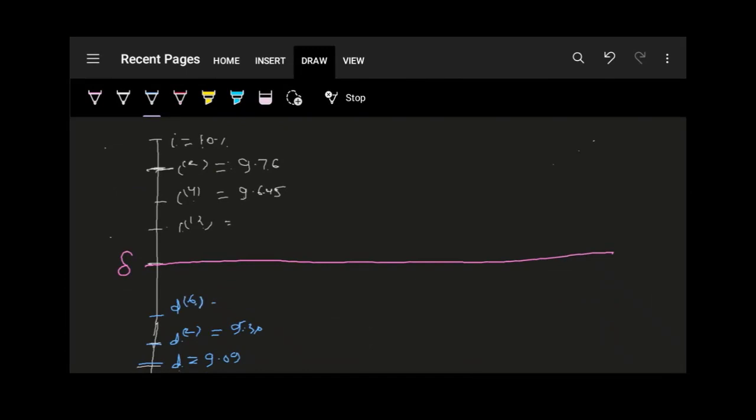D6 will be around 9.45, then D12 will be around 9.493.